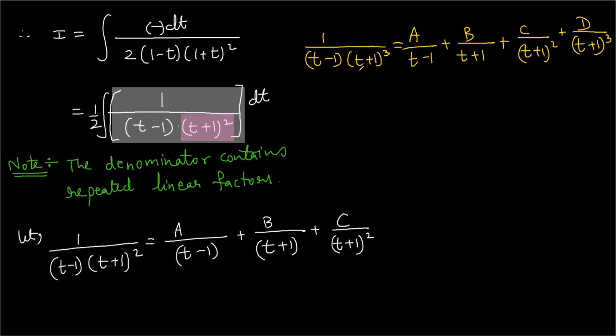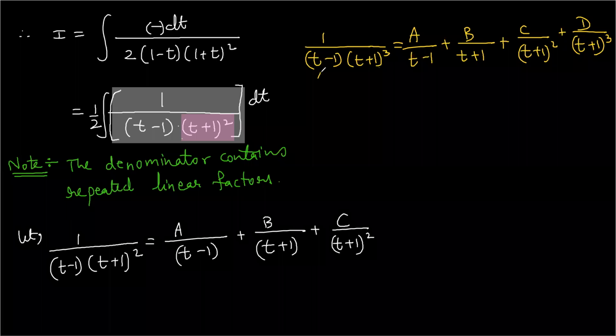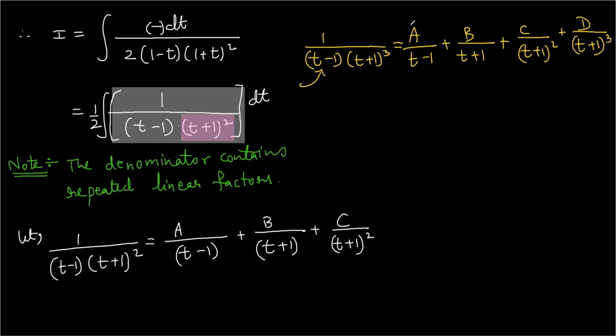Try to follow this. Here you had t plus 1 cube. So t minus 1 is a separate factor, so it will come under A in the denominator of A. Now for t plus 1 cube, you will start with the first fraction where the denominator has t plus 1.